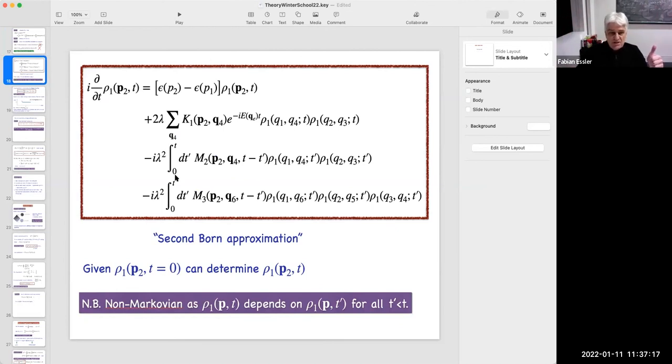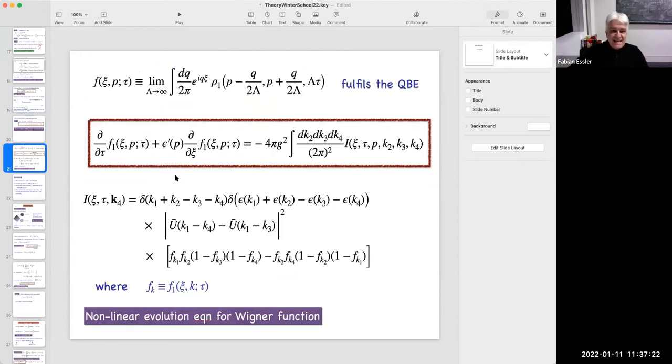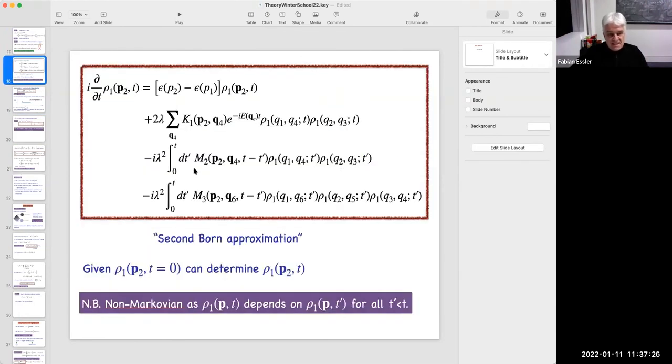So that's the approximation. The scaling limit is a different one. In the scaling limit, you basically get rid of these time integrations and you end up with something that's Markovian. So the reduced density matrix at time t plus delta t only depends on the reduced density matrix at time t, and that's why the Boltzmann equation is so nice.